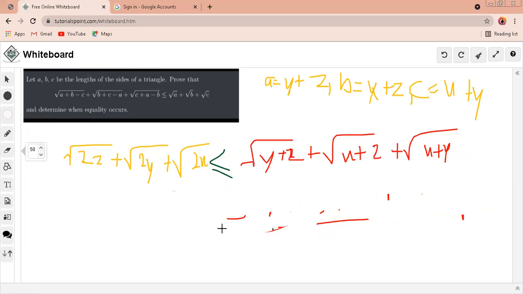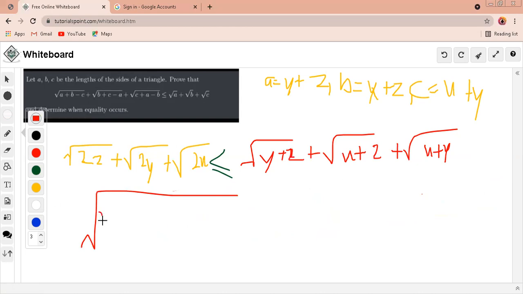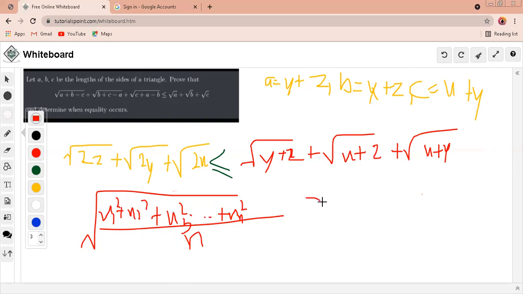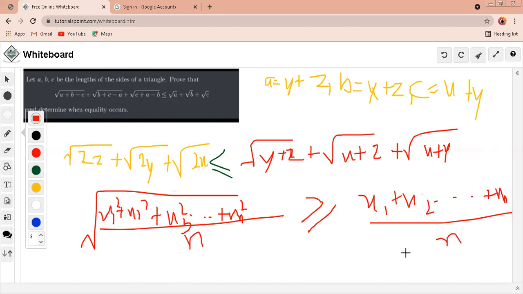Now, RMS-AM inequality states that if we have n variables and we take the square root of the sum of squares of all the variables, dot plus x n square, over n, this would always exceed the average of these numbers, or the AM of these all n numbers. This is the RMS-AM inequality.